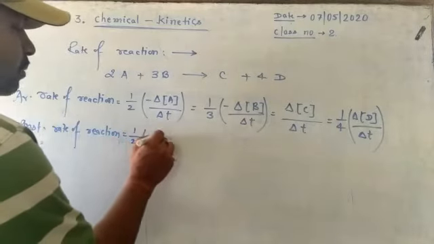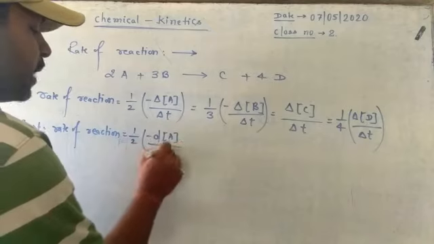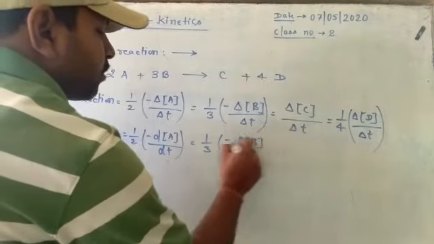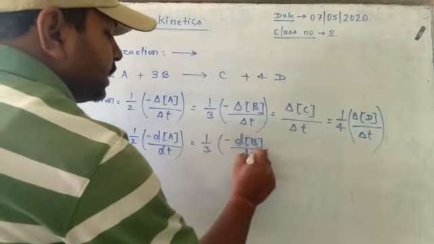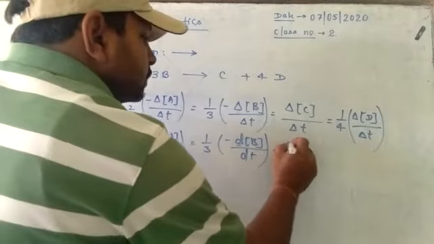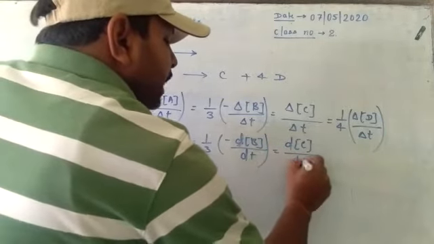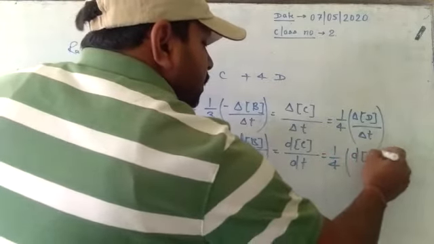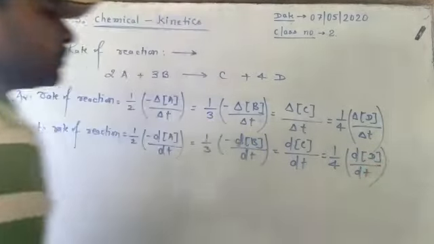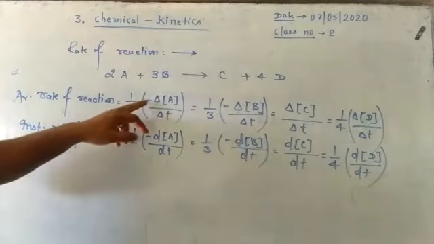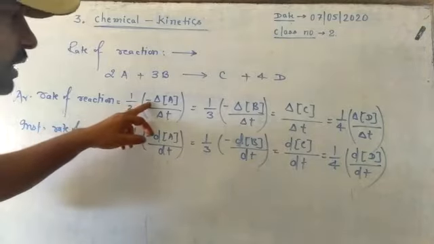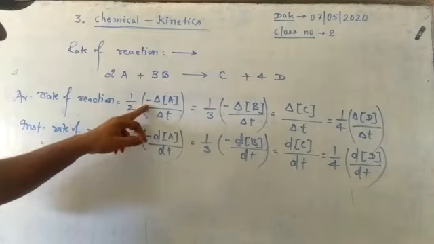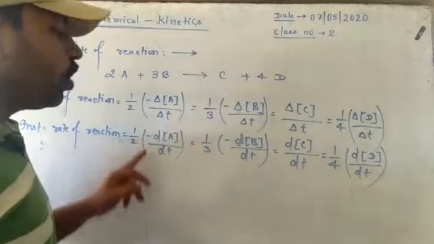So 1 by 2 minus dA by dt equals 1 by 3 minus dB by dt equals dC by dt equals 1 by 4 dD by dt. Students, this quantity with the negative sign is known as the rate of disappearance of A, either average or instantaneous.